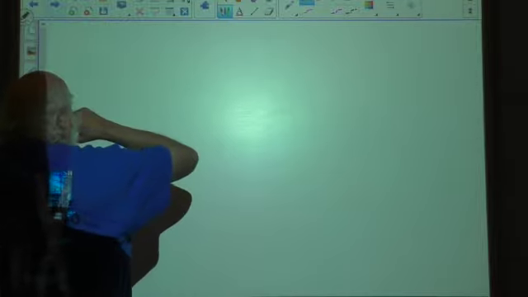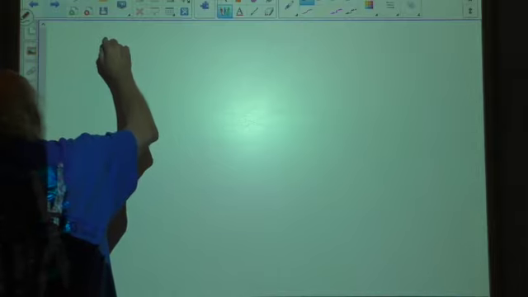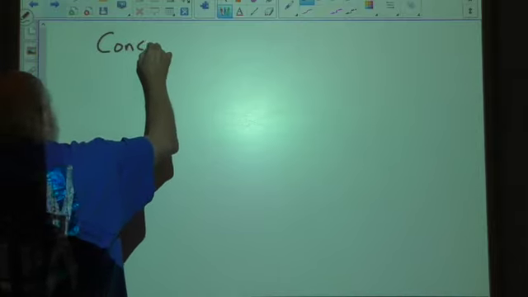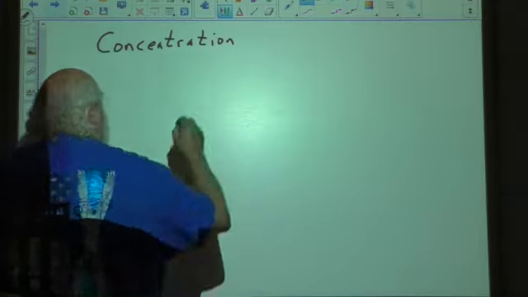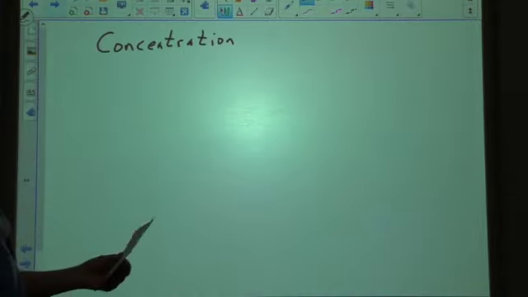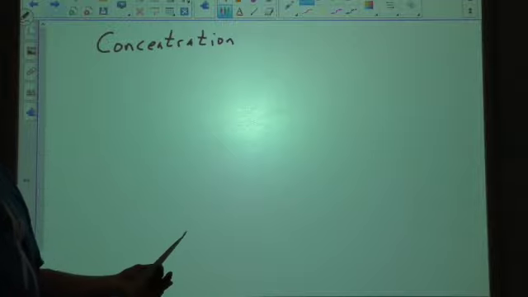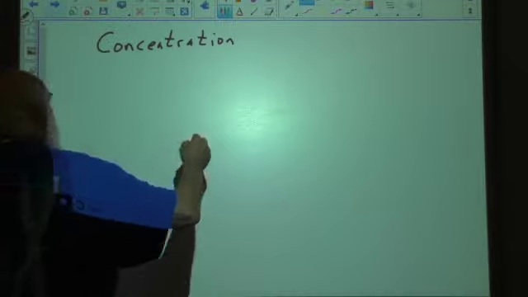So we have here something called concentration. Now, concentration is a way of measuring the relationship between solute and solvent.